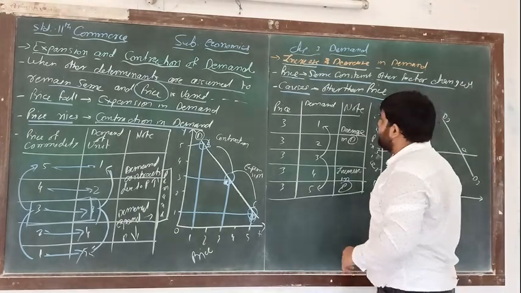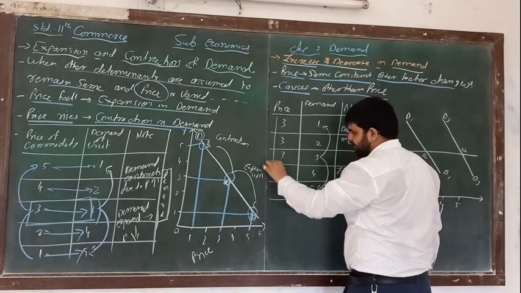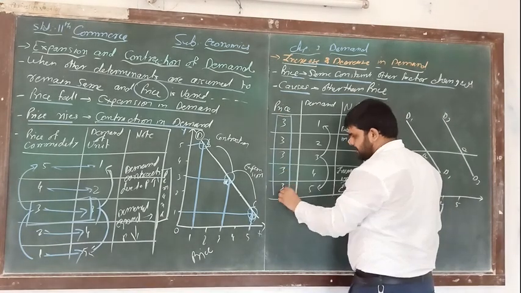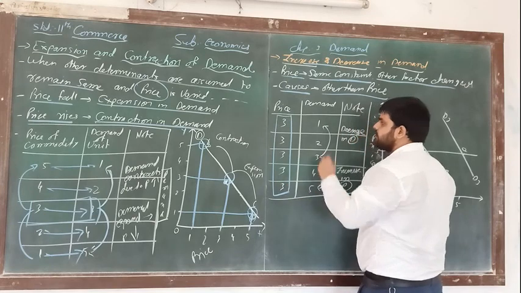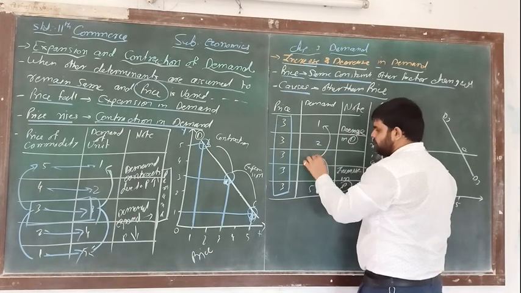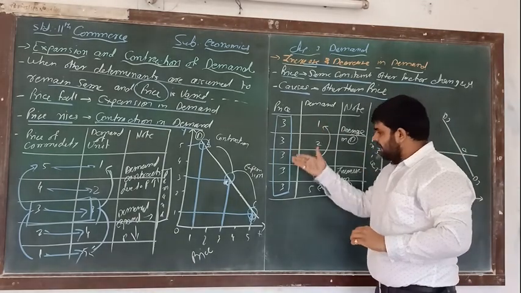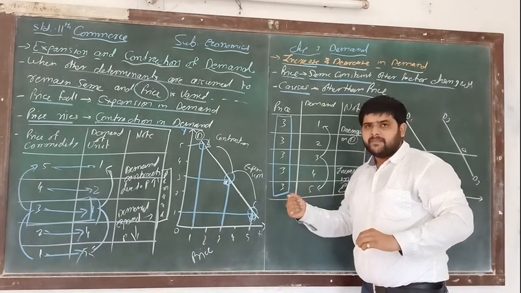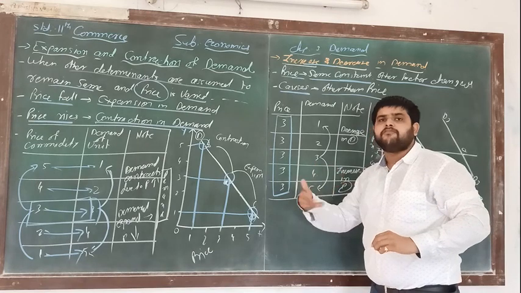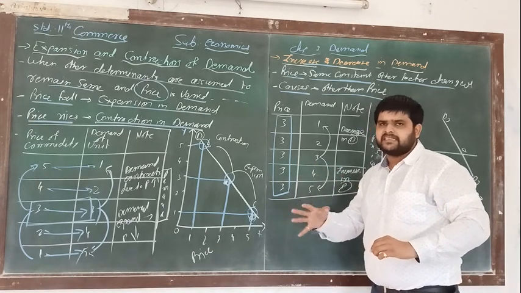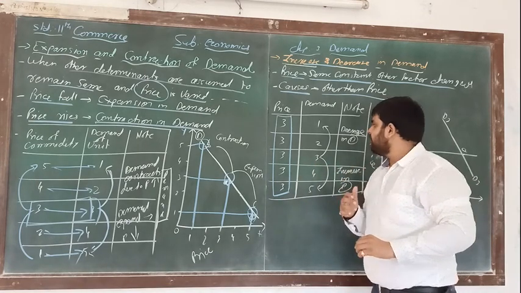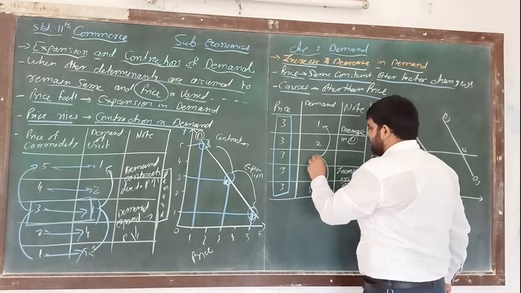Let us take one example. The price is the same in all cases. The price of goods remains 3. Here demand is 1, 2, 3, 4, 5. So here demand is changed but price remains the same. It means other factors affected it, whether it is taste and preference, income, or whatever.